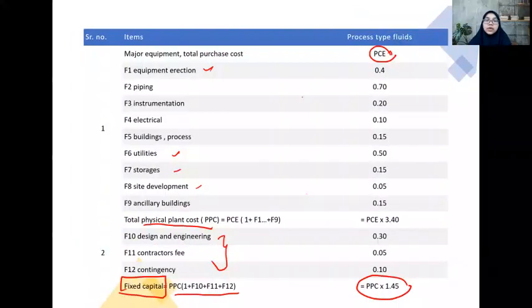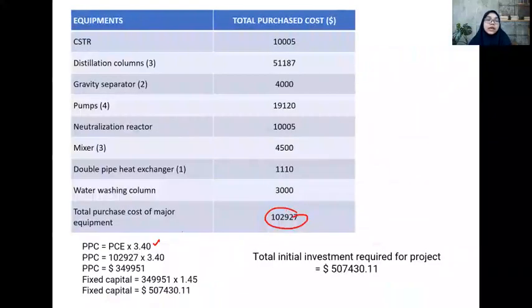Okay, this is the total factor listed, and then finally we can obtain the fixed capital. Okay, to obtain the initial investment required, since it does not consider the working capital because it considers only the initial investment, we can also consider based on the fixed capital. So this is the total initial investment required for this project.